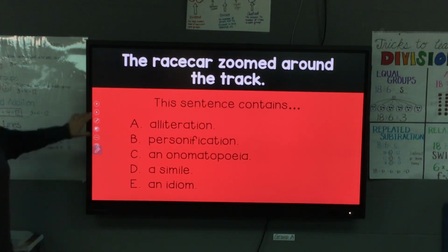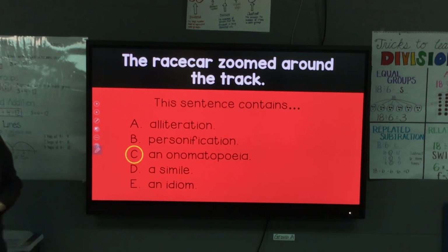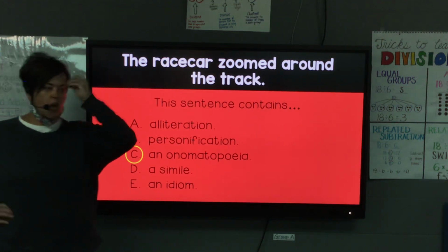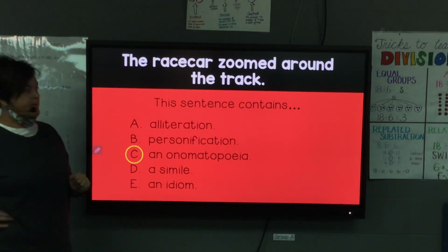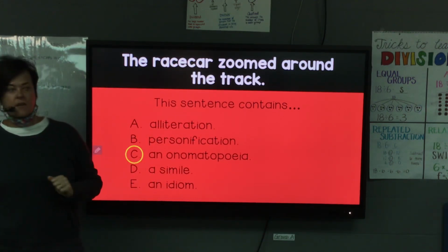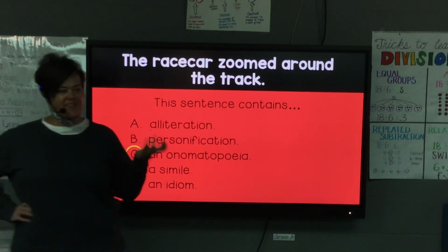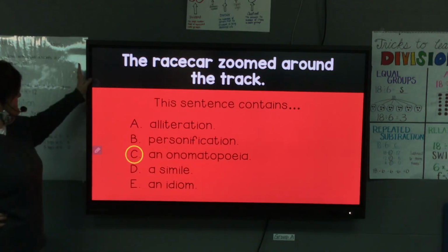Let's see what it is. It's not letting me click it. There we go. It is onomatopoeia. What's the word in there that says that's onomatopoeia? Raylan? Zoomed. And what is it that zoomed? The race car.